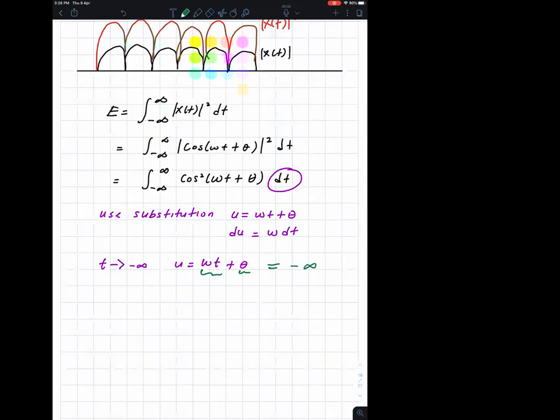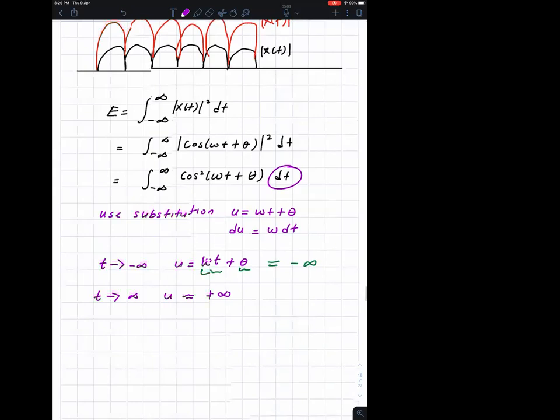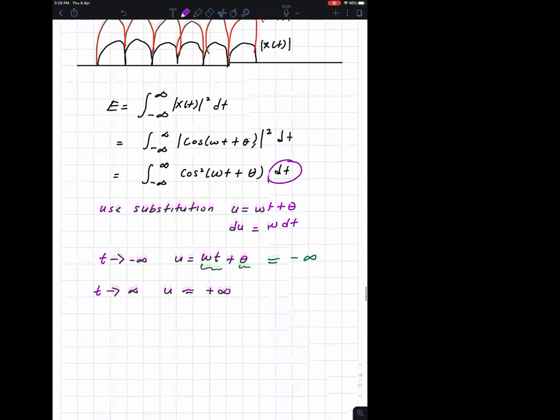Similarly, if t goes to positive infinity, u goes to positive infinity. Any question on that? No, sir.